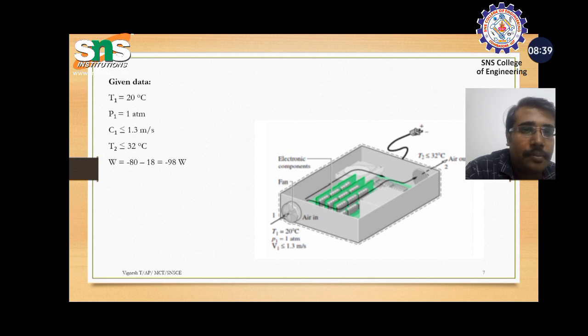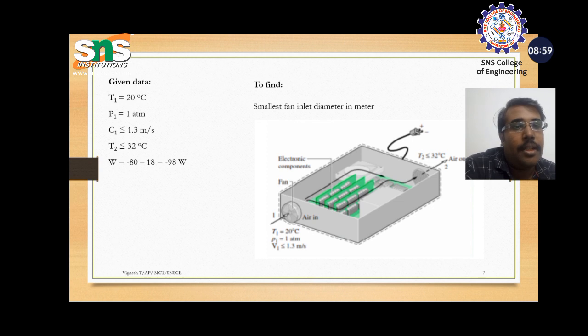Here the work done is negative because we are supplying the work to that system. We are not getting work from the system, we are giving work to the system, so it is considered negative. Okay, so we need to find the smallest inlet diameter.